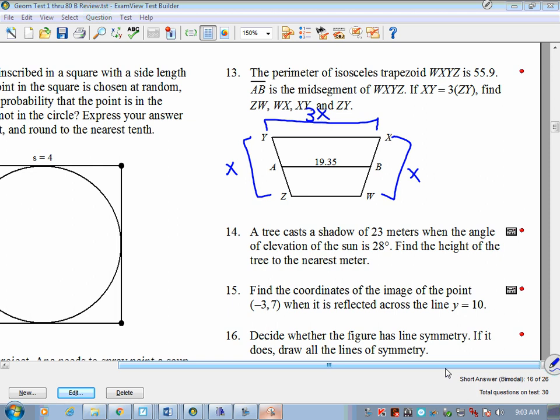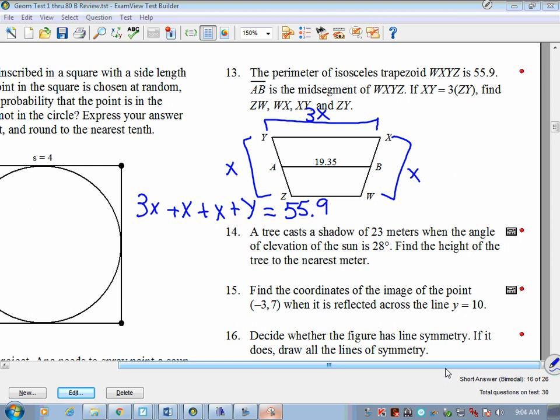Okay? All right. So what we do know is that 3x plus x plus x plus what we could call y is going to be equal to 55.9. Could we simplify any part of that equation? 3x plus x plus x plus y equals 55.9.